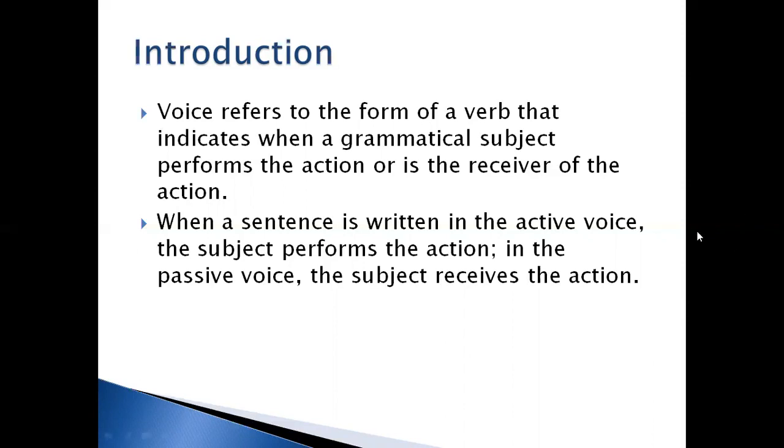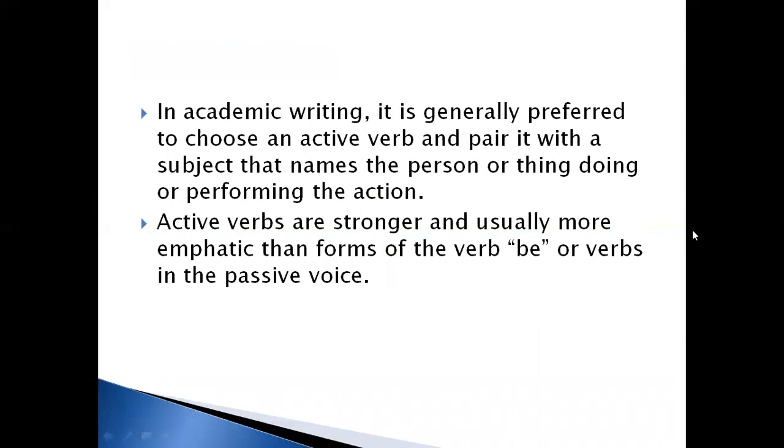Now let us know what the two types of voices are. Before that, let us discuss what happens in academic writing. In academic writing, it's generally preferred to choose an active verb and pair it with a subject that names the person or thing doing or performing the action.